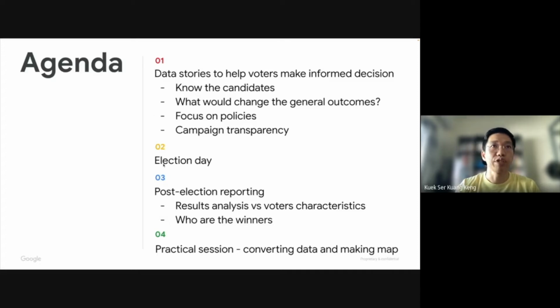Okay, so there are 3 stages for election reporting using data. And for these 3 different stages, I'm going to show you some examples to give you some ideas on what kind of projects we can do to make sure that we deliver our responsibilities in the election.